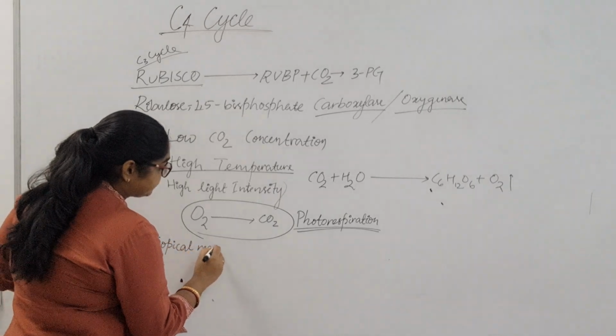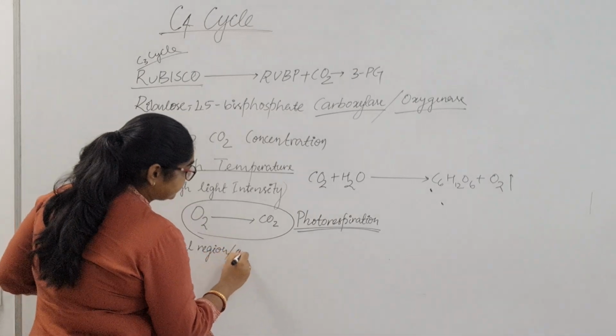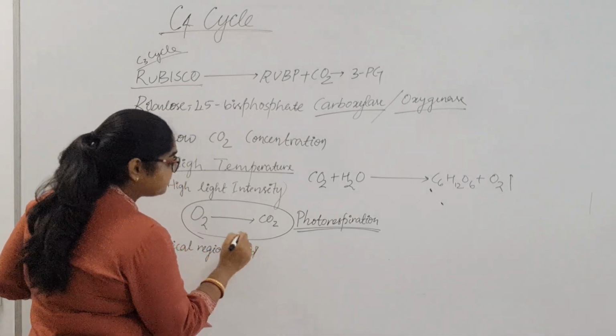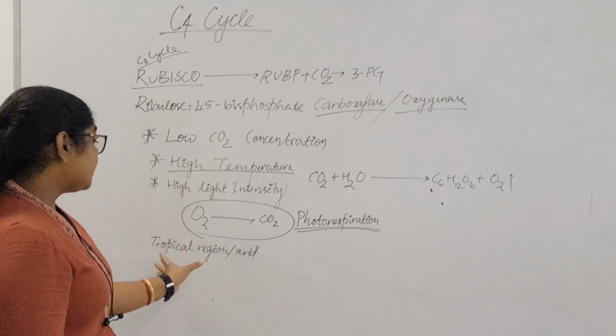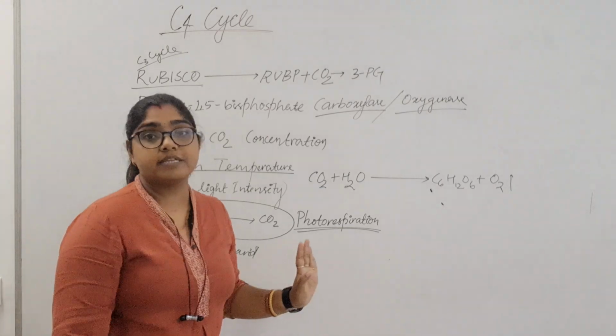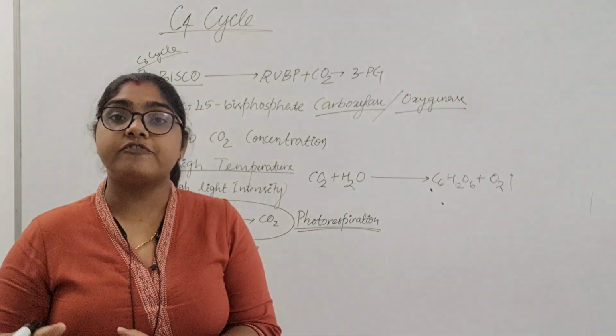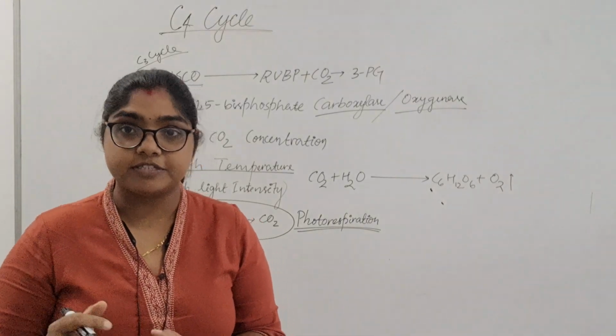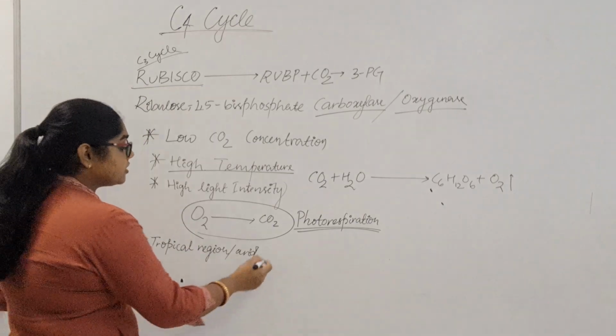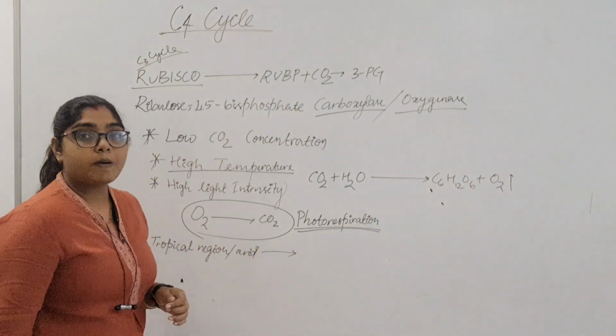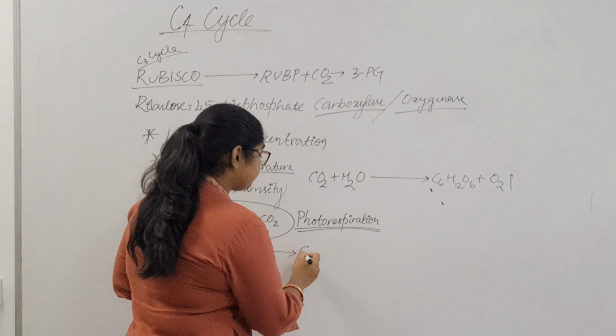So the plants present in tropical or arid regions usually follow the C4 pathway for carbon dioxide fixation, and the plants which use the C4 pathway are known as C4 plants.